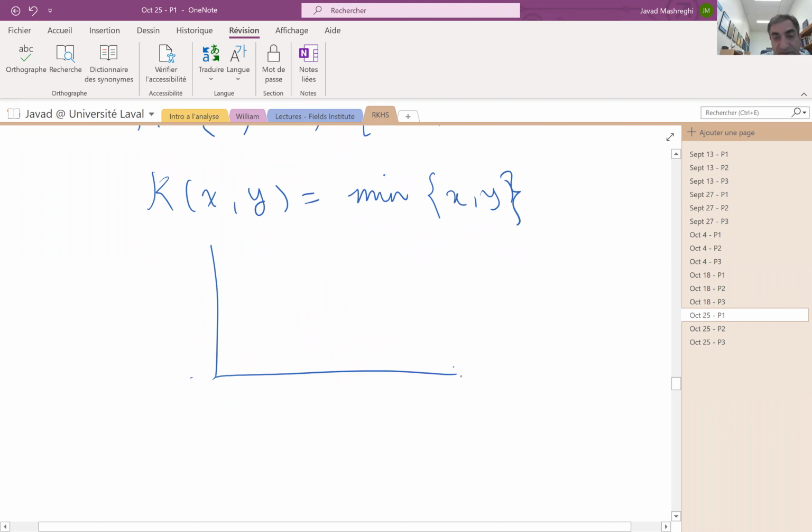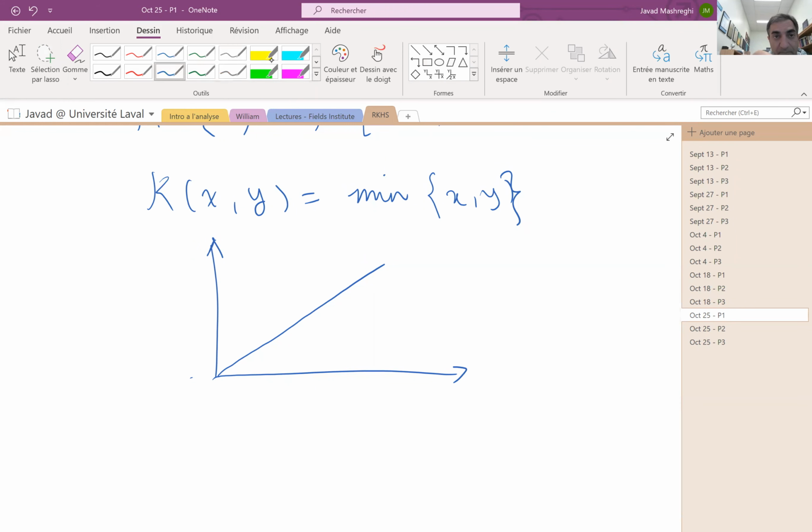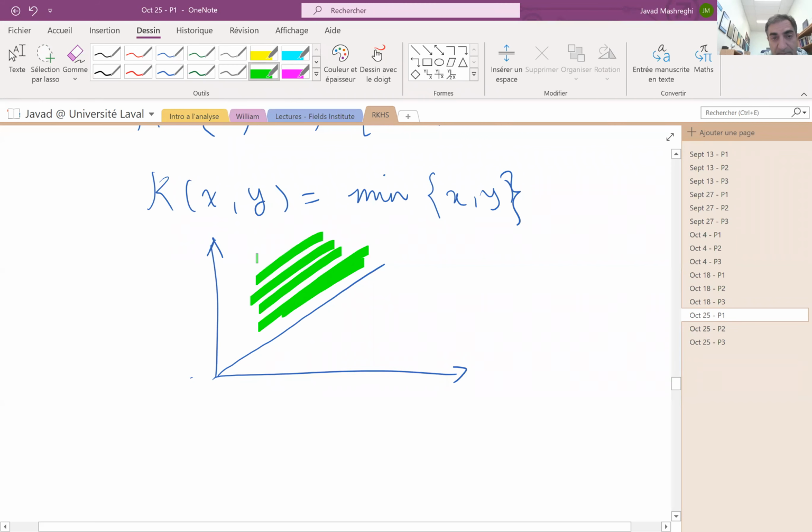So k lives here, and that's the frontier. In this neighborhood here, k is equal to x, and here k is equal to y. And on the diagonal, they coincide.